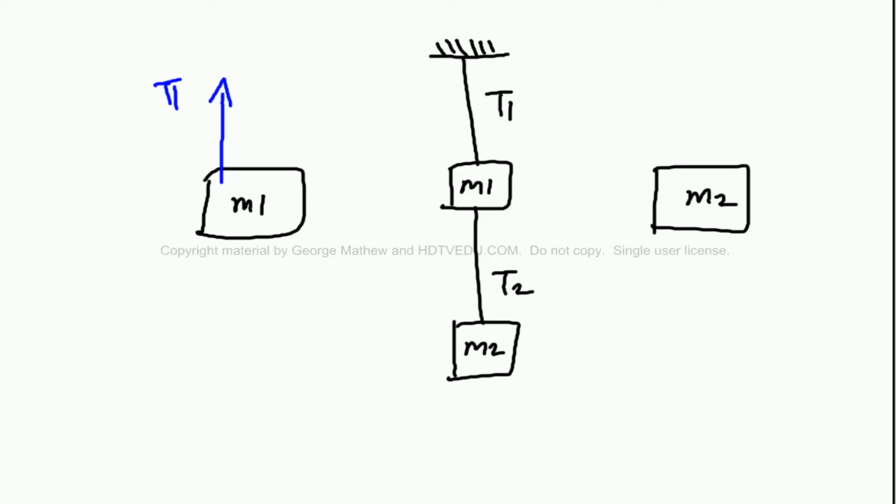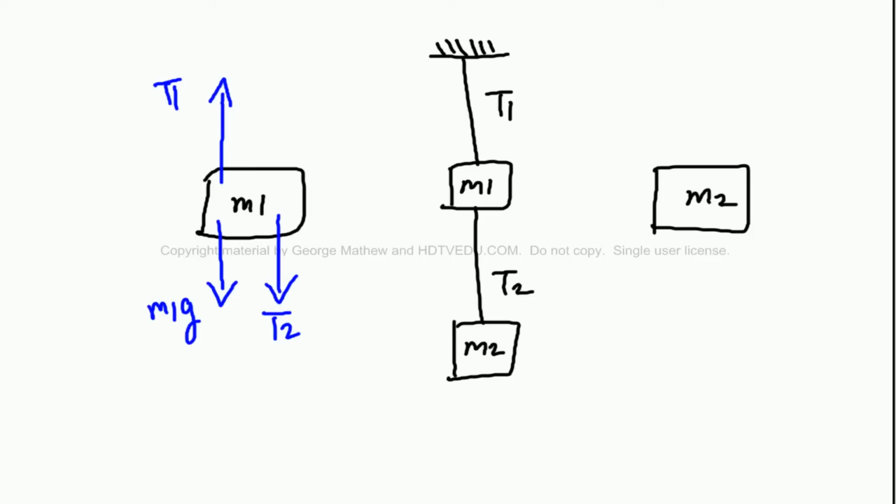How about down? M1G acts vertically down. How about T2? T2 is a pulling force, and that acts vertically down too. Don't forget, tension T2 on M1 pulls away from the object, so it is vertically down.